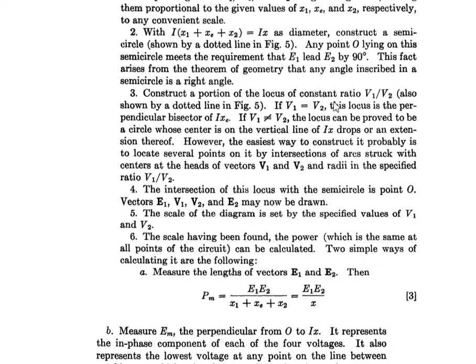Construct a portion of the locus of constant ratio V1 by V2. The easiest way to construct it is probably to locate several points on it by intersection of arcs struck with centers at the heads of vectors V1 and V2 and radii in the specified ratio of V1 by V2.